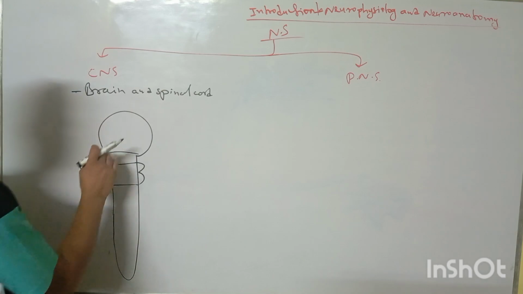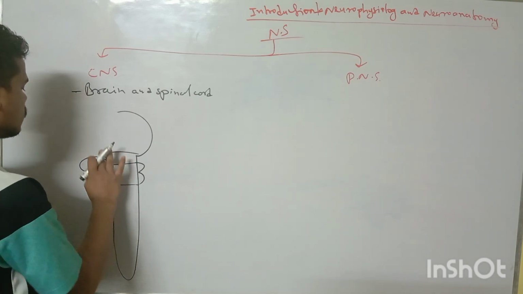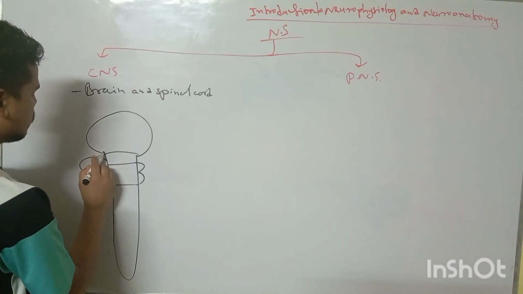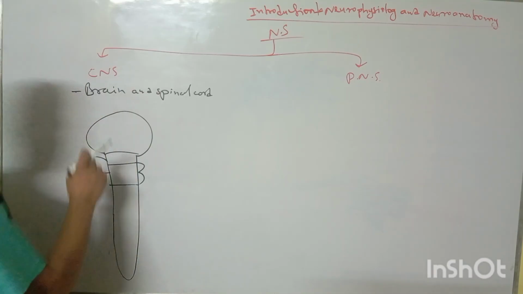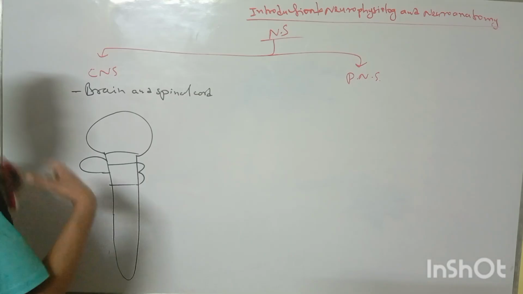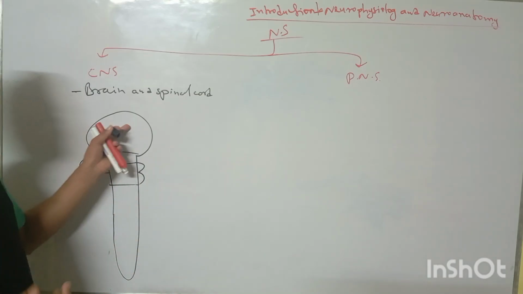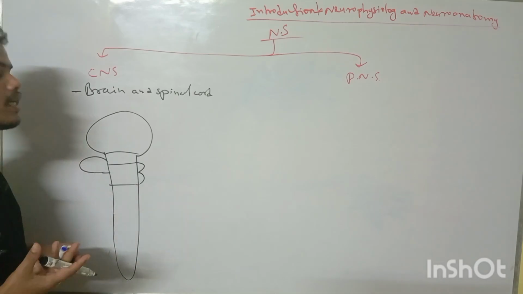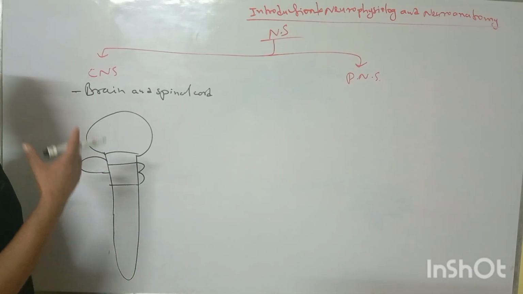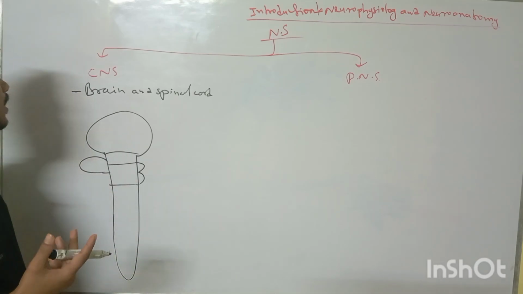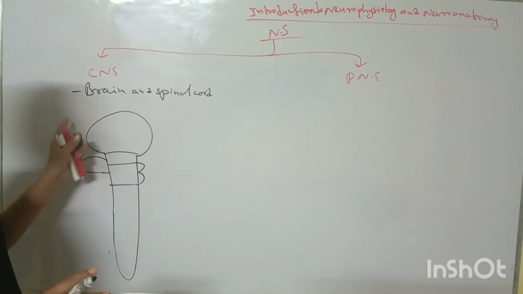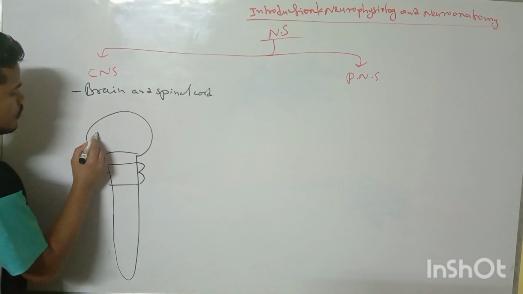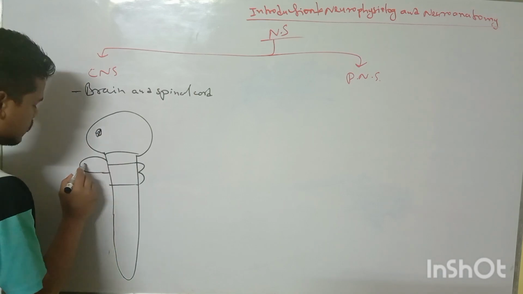Suppose this is the brain, and this brain contains the cerebral cortex and some specialized nuclei like the basal ganglia, the lentiform nucleus, the caudate nucleus, and some other parts.